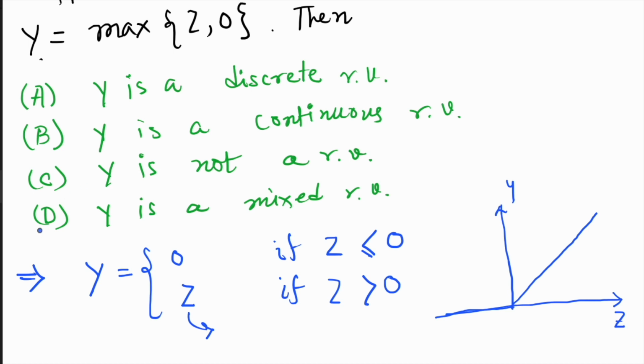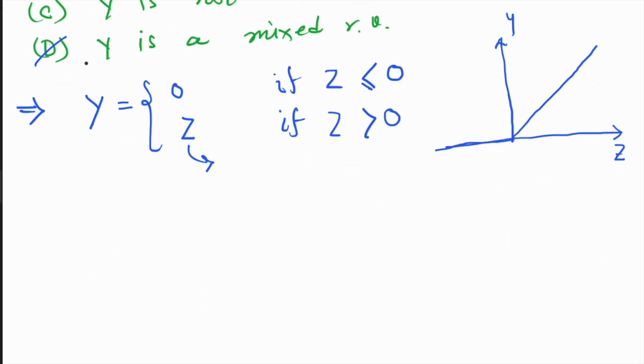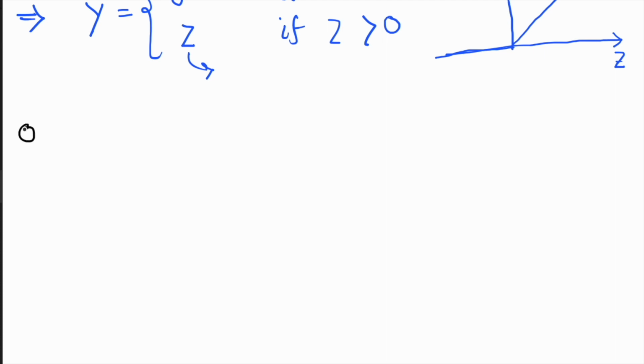So option D is correct. This is a mixed random variable. So that's it. Now let's move toward question number 7.